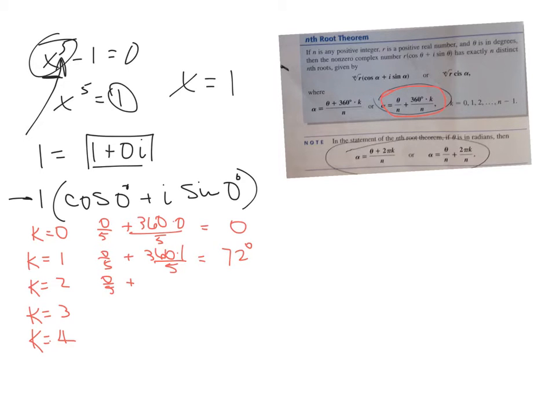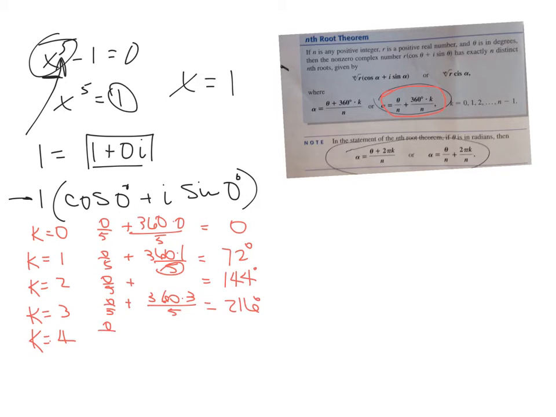So 360 times 2 is 720. 720 divided by 5 is going to give me 144. When I do the 3, I get 0 over 5 plus 360 times 3, and that's going to be divided by 5, and that's going to be 216.